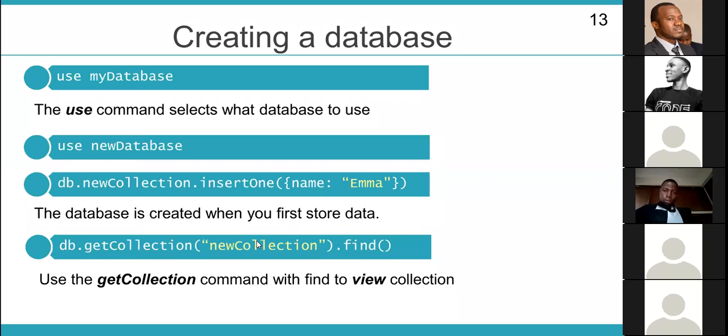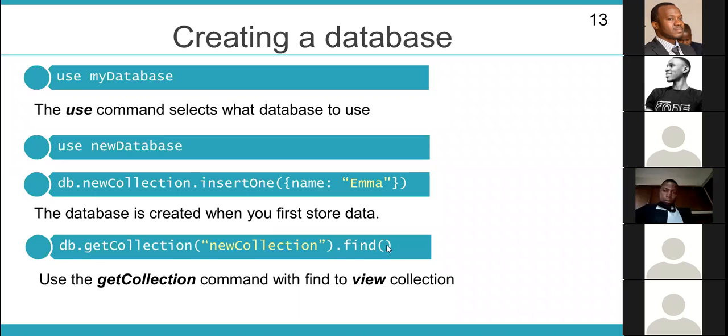Then, yeah, I think we've looked at pretty much what is here. So you see the database is created when you first store data. Then if you want to retrieve all the documents in an existing collection, you can just use this command. You specify db.getCollection, the collection name, then find.